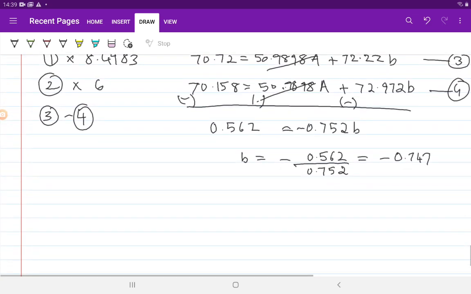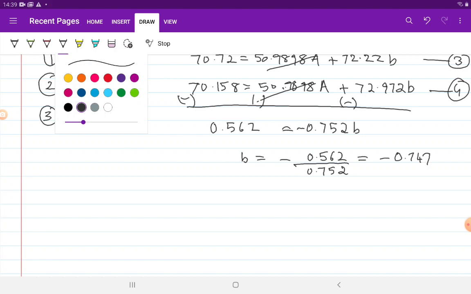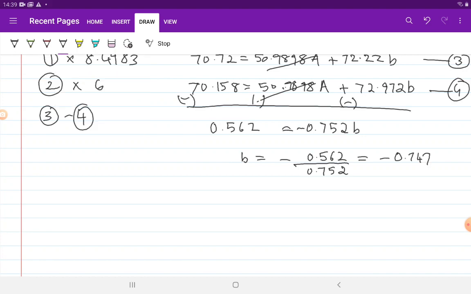Now substitute this into any of the equations above. Let's substitute it in equation 1.